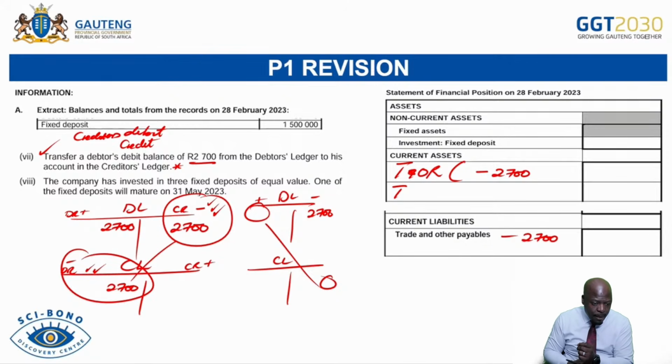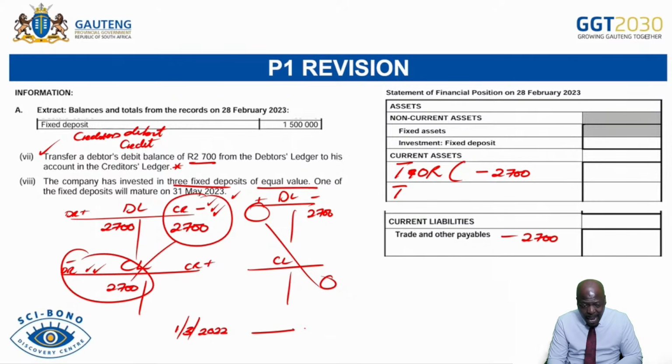Number 8. It says, the company has invested in 3 fixed deposits of equal value. Equal value. One of the fixed deposits will mature on the 31st of May. Now, where we are, the financial year began on the 1st of March, the year 2022, and the financial year ends on the 28th of February, 2023.